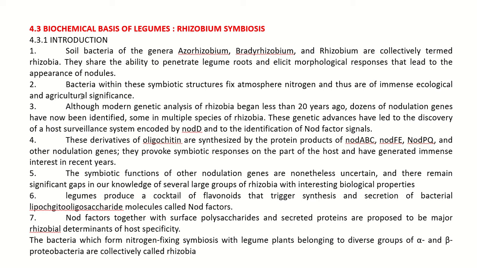So fixing atmospheric nitrogen is of immense importance in ecological and agricultural significance. Okay. So modern genetic analysis of these rhizobia began 20 years ago, but dozens of nodulation genes have already been identified, and multiple species of rhizobia are also identified, and Nod factors.